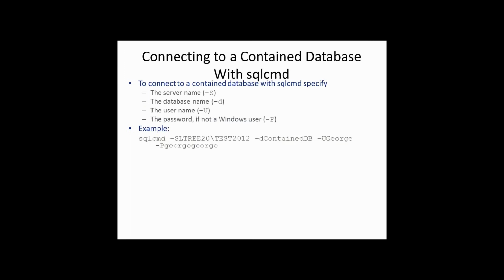It's a little bit trickier with Management Studio for Windows authentication users, because you don't know the person's password. What you have to do is bring up another instance of Management Studio, and before you bring up the instance, you right-click on the Management Studio icon and choose Run as User, and then you have to provide the Windows username and password.